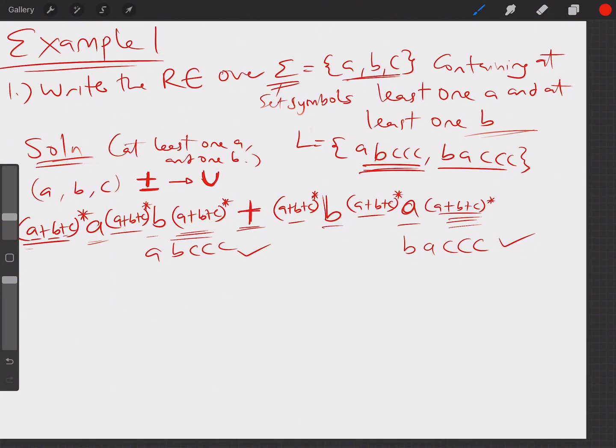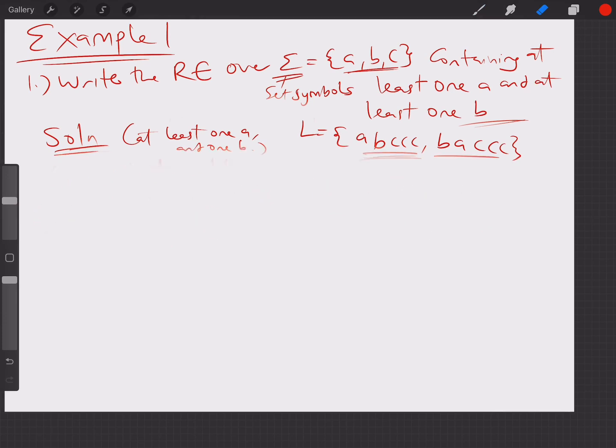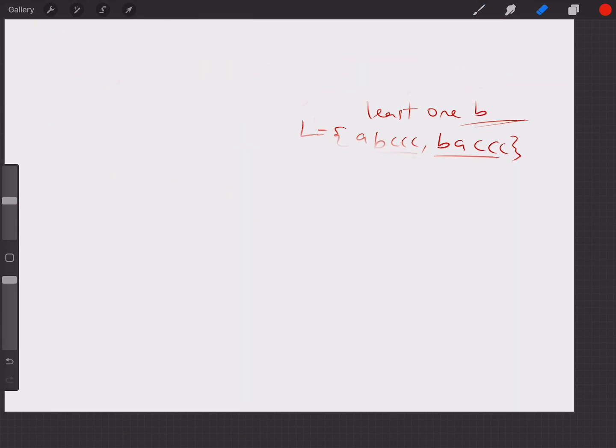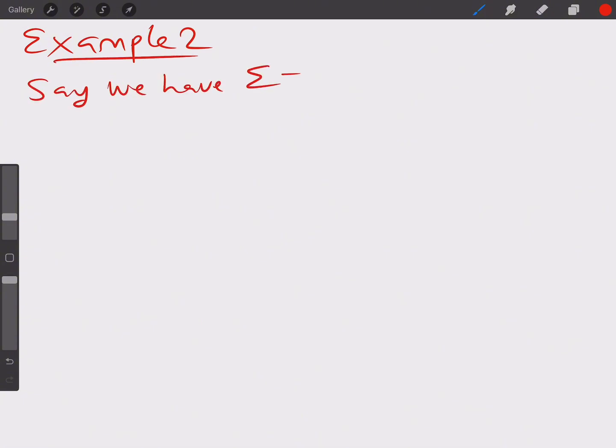Moving on, example 2. Say we have the alphabet containing the digits 0, 1, right?